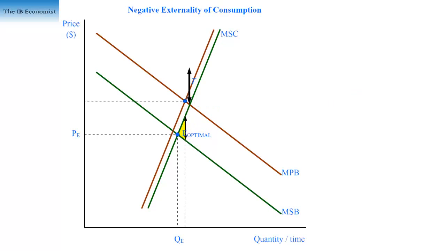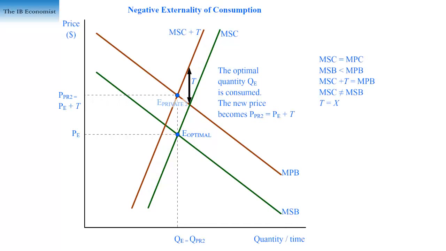Let's have a look. Notice that when we shifted the marginal social cost so that it became MSC plus T, the red line, we moved the private equilibrium to a new private equilibrium, which is equal to PPR2. PPR2 is also equal to PE plus T, where T is the tax, but T is also equal to the negative externality.